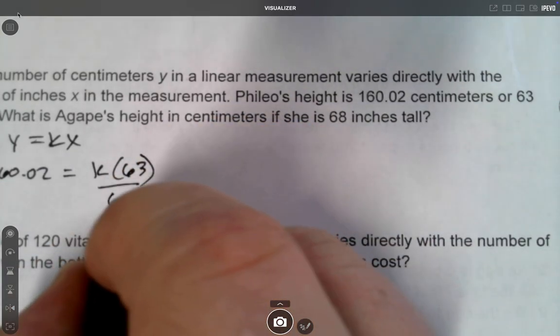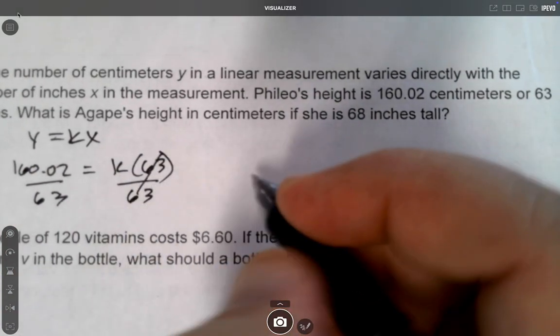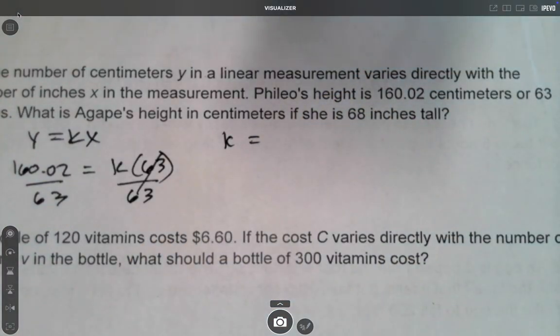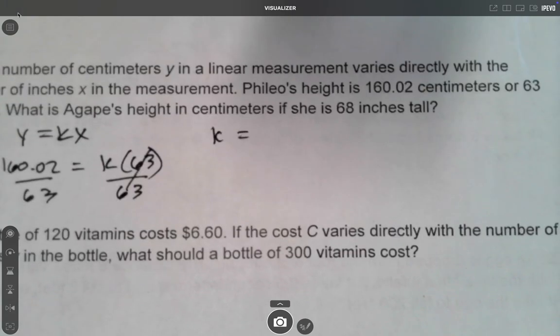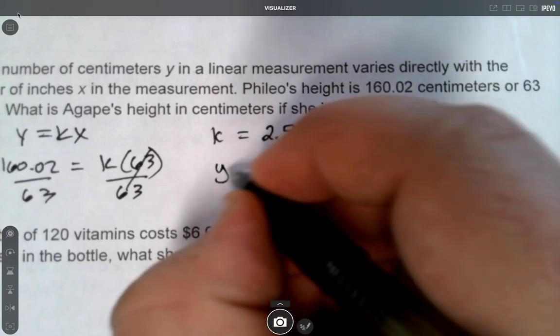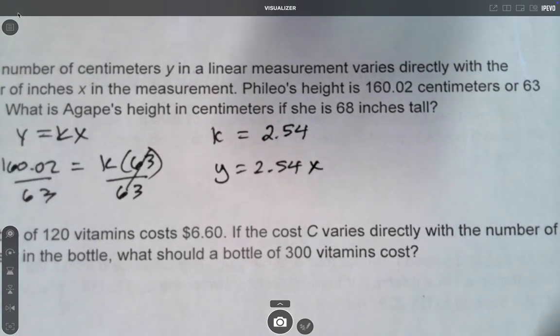Then I divide both sides by 63. And I get k is equal to, give me a moment, 160.02 divided by 63, 2.54. So our equation then is y equals 2.54x.